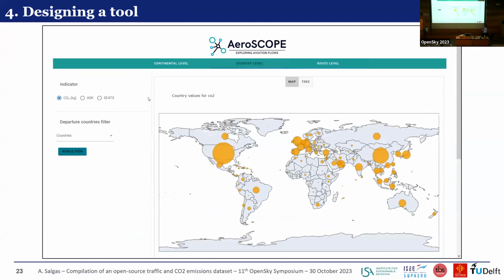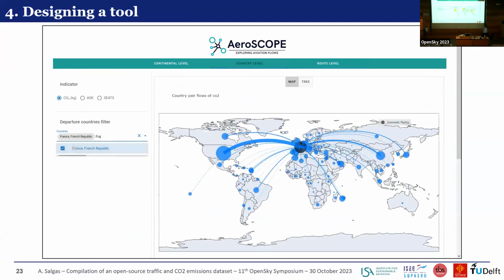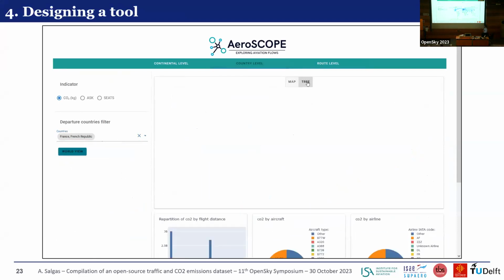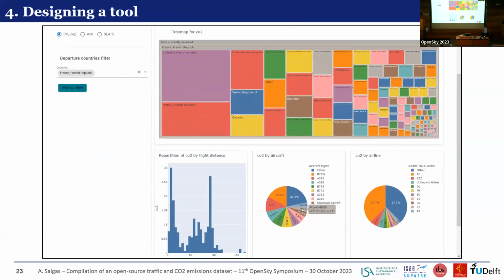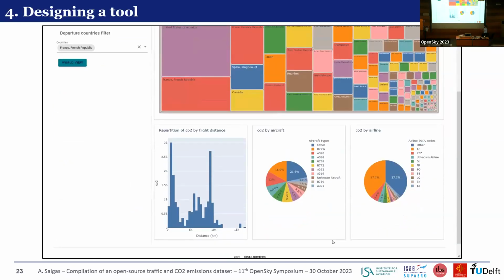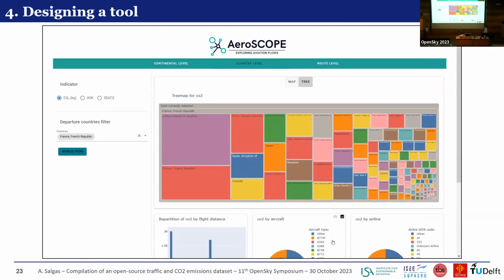At the country level, you can look at the whole world, or zoom on a specific country, such as France here, and look at the CO2 flows for each destination served from France. You can look at various analyses, such as a tree map analysis of those flows, and at the repartition of flights according to distance or aircraft type or things like that.